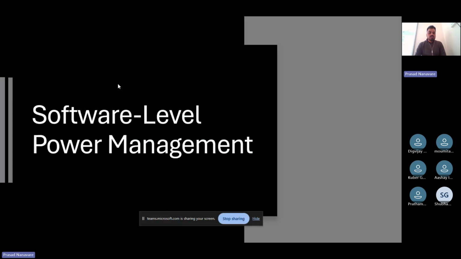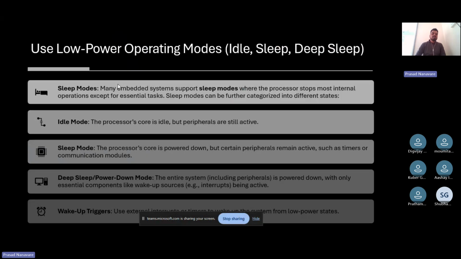And software level power management, basic practices that you should be following within your software in order to have low power mode in place. So it suggests us to have sleep mode, idle mode. Okay, idle, sleep, deep sleep, or wake up triggers.